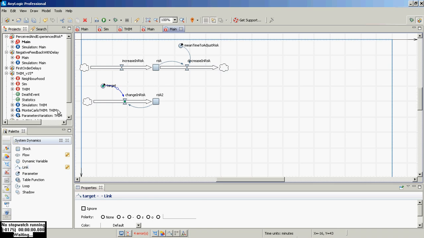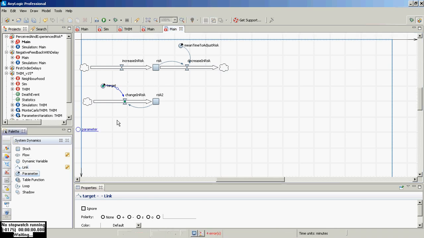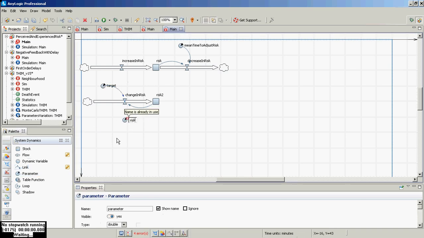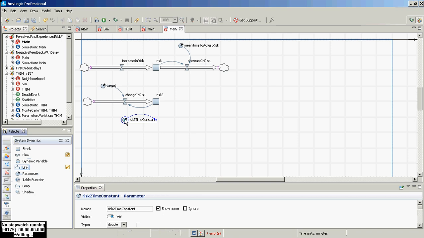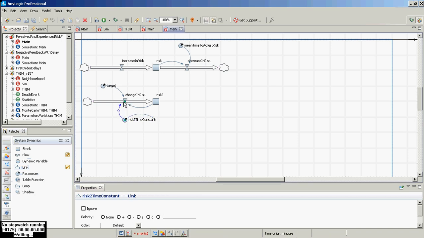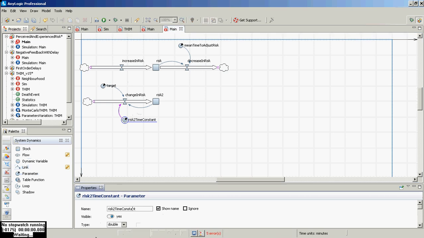Some sort of risk to time constant. That's a bad name too. It's not terrible, but I'm going to call it mean time to adjust risk to.